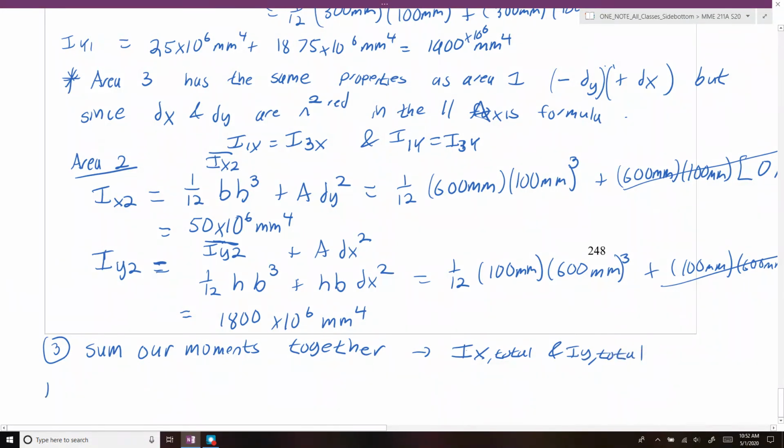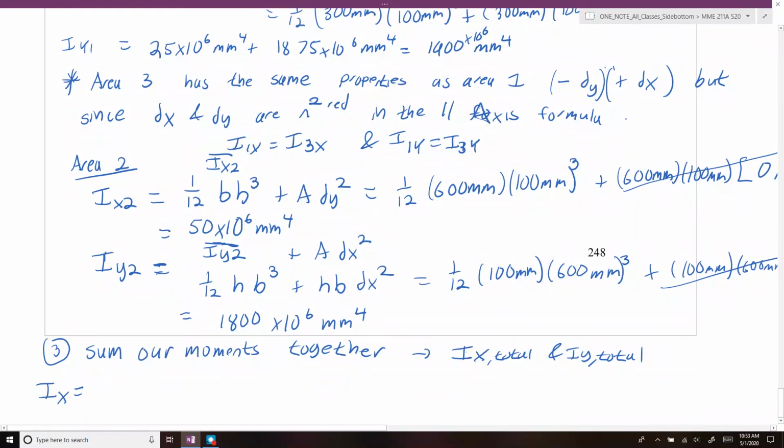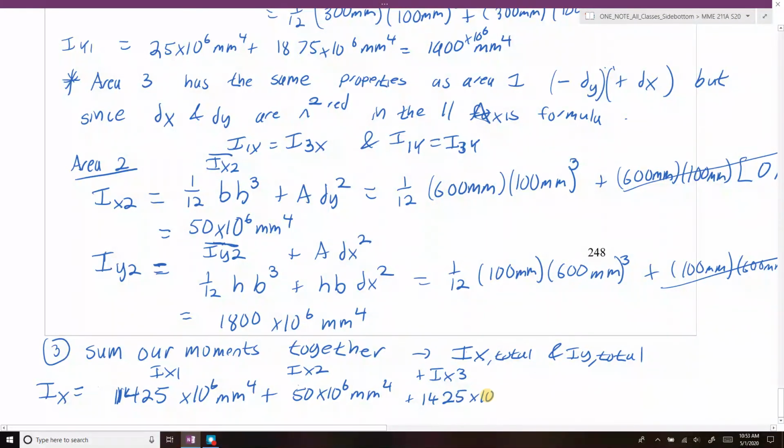If we do that, Ix would be equal to 1425 times 10 to the 6th millimeters to the 4th, so this would be Ix1, plus Ix2, which we just saw was equal to 50 times 10 to the 6th millimeters to the 4th, and then Ix3 is equal to Ix1, so it would be equal to 1425 times 10 to the 6th millimeters to the 4th.